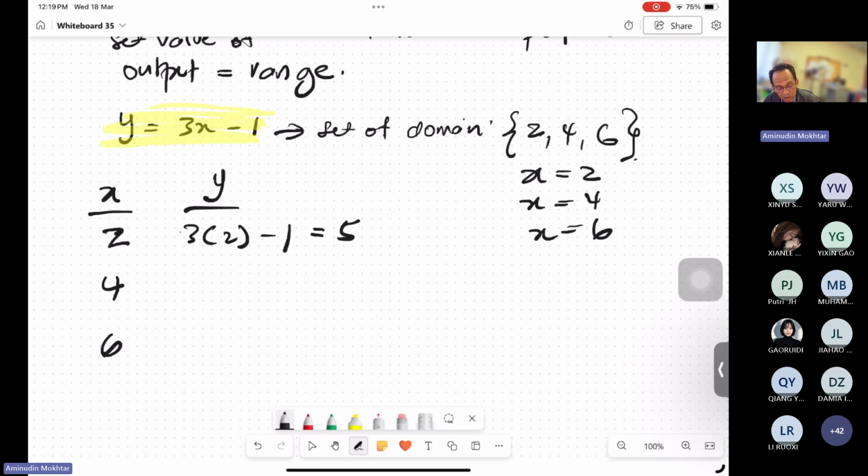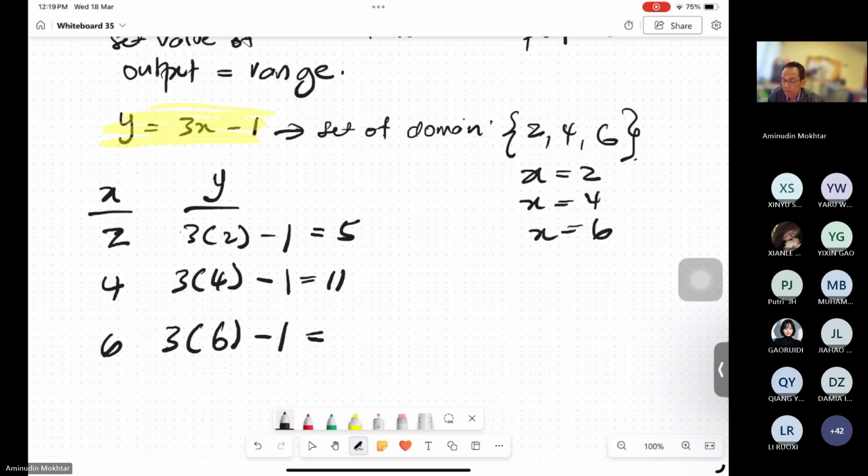The second one, when x equals 4, y equals 3 times 4, 12 minus 1, equals 11. Now when x equals 6, we substitute x equals 6 in the equation, 18 minus 1, so y equals 17.